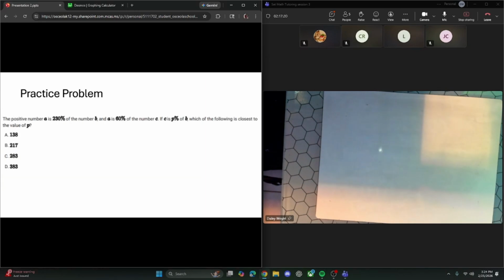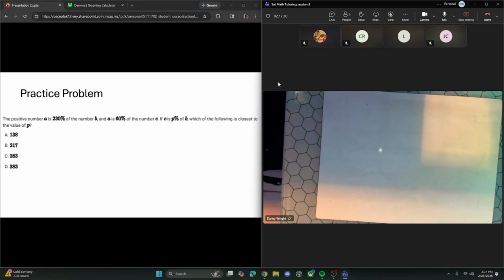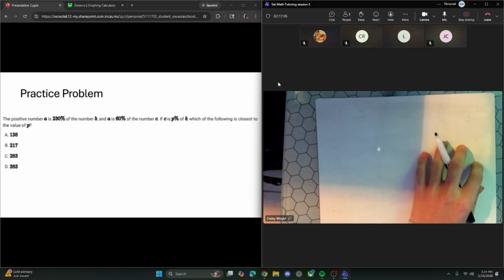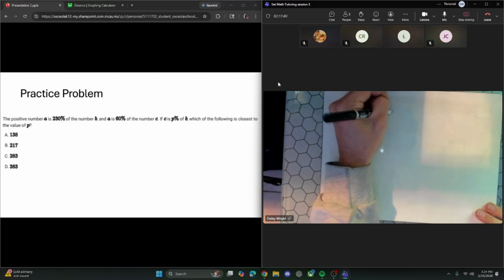Now these are where your problems get much harder, so really follow along closely here. Positive number A is 230% of the number B. So whenever you see "is" in any sort of problems, "is" means equal.